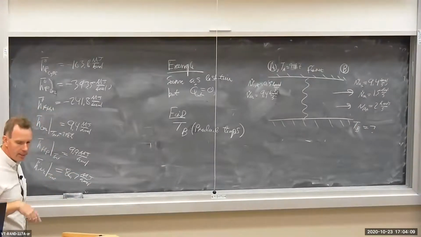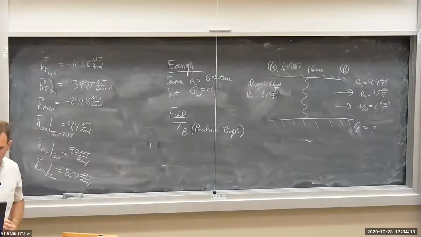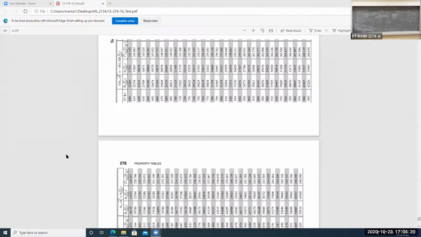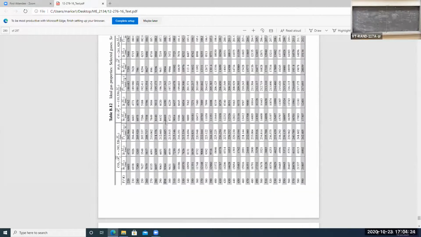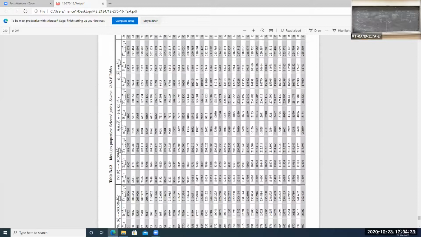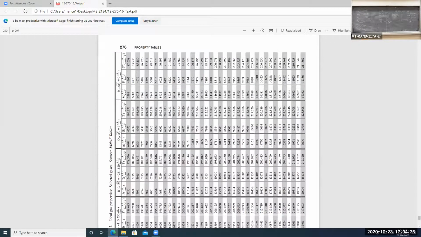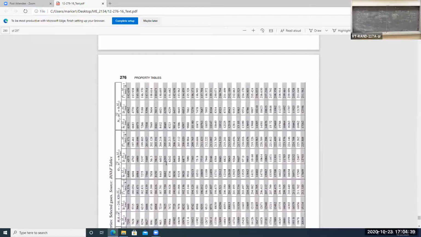I just wrote the specific enthalpies at the reference temperature out of table B12. So B12, 298. Let's see, CO2, 9.4 megajoules per kilomole. H2O, 9.9 megajoules per kilomole.